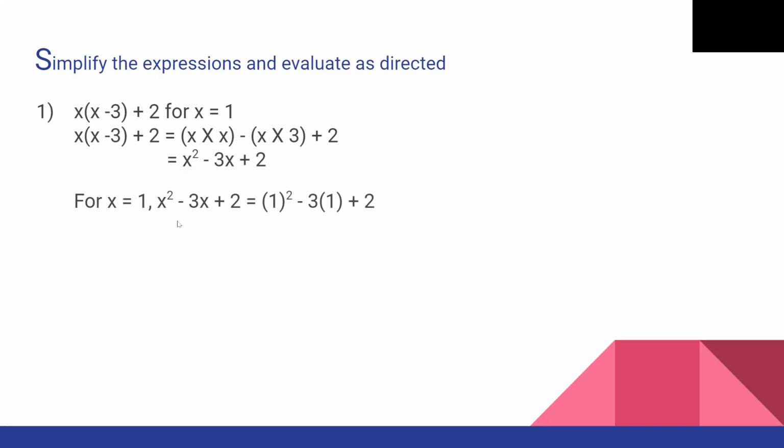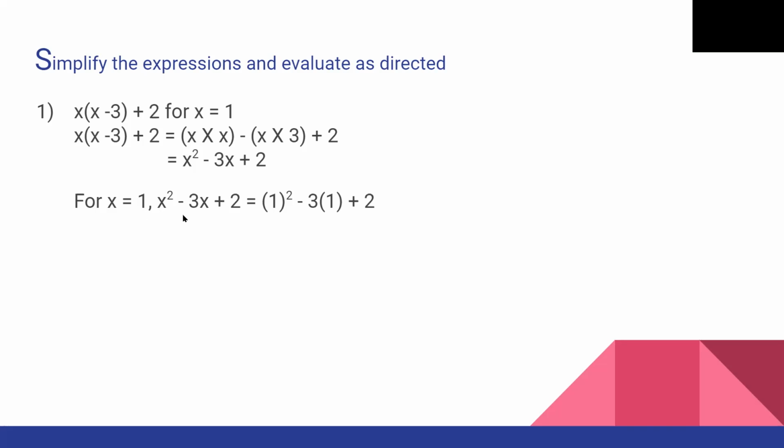For x equal to 1, write the given expression x square minus 3x plus 2 equal to, that is, after simplification, in the given expression, the value which is given in the question, we have to substitute and calculate. So let us substitute. So x square minus 3x plus 2. Wherever x is there, we have to substitute 1 for x.